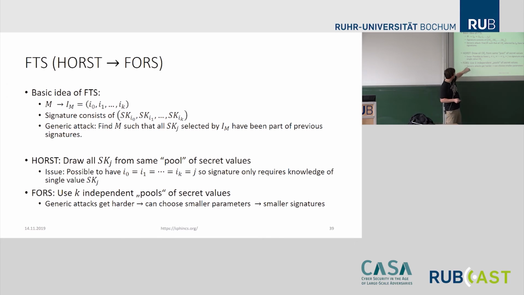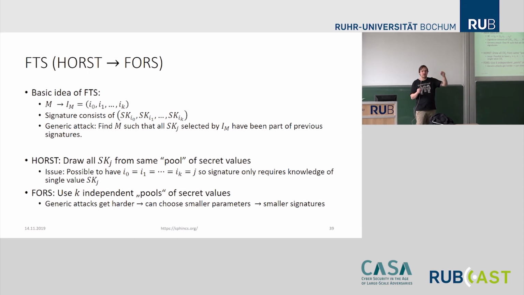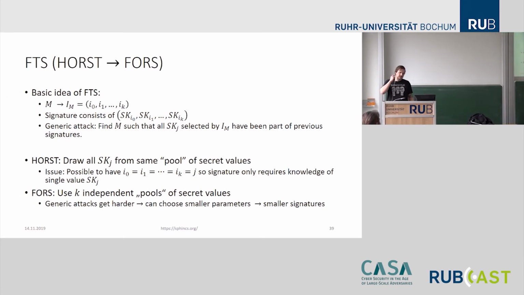What we did in Force is we use k independent pools of secret key values, and every index picks from a different pool. This means that your total size of secret key values in the first moment gets larger, but you can actually shrink them again if you do the math to reach then the same security level. And in the end, your signatures get smaller. So this is actually where it comes from.